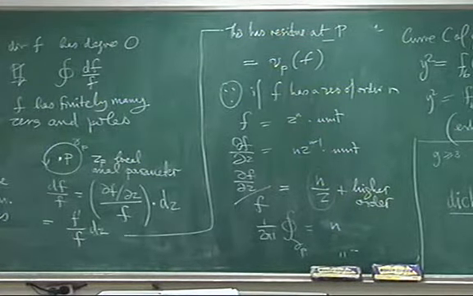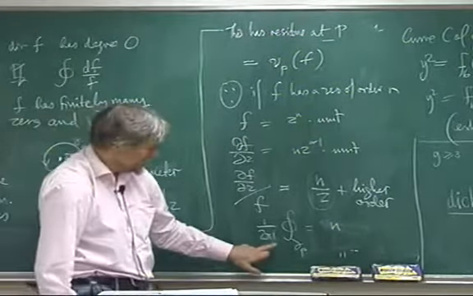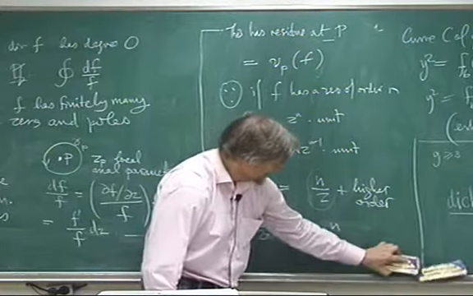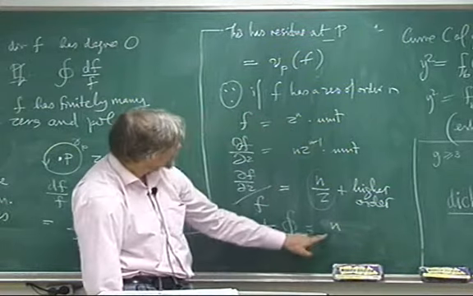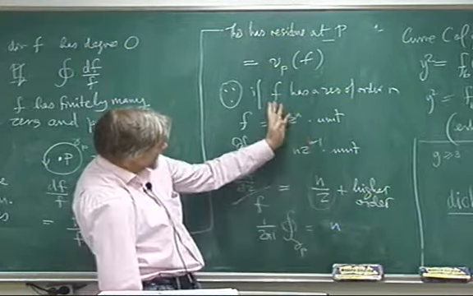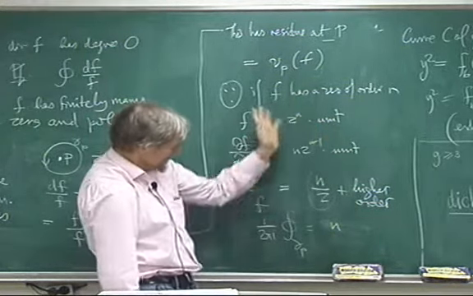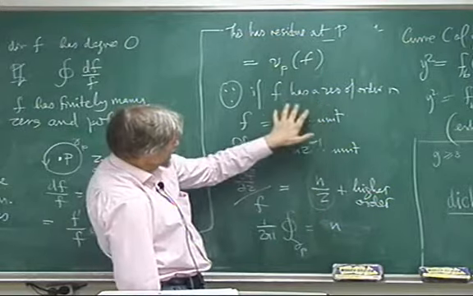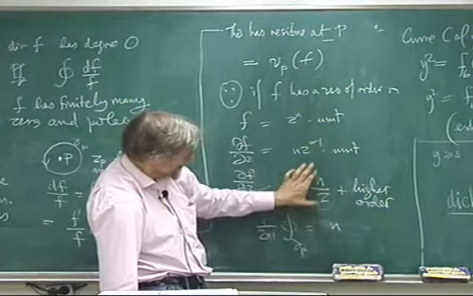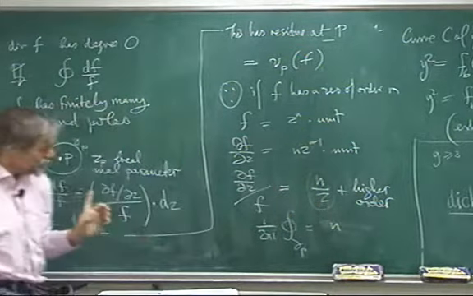So the Cauchy residue formula gives me a method of calculating in analytic terms the degree of zeros and poles. Right? So if f had a pole of order n, we get something similar. If f has no zero and no pole, you run the same argument and you find that there's residue 0 here. That's important.